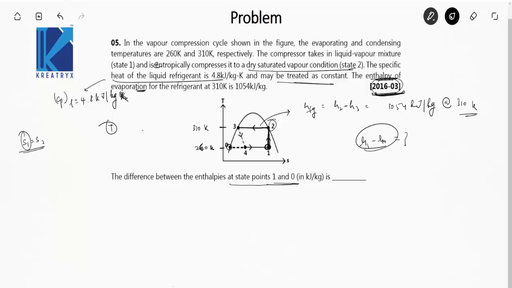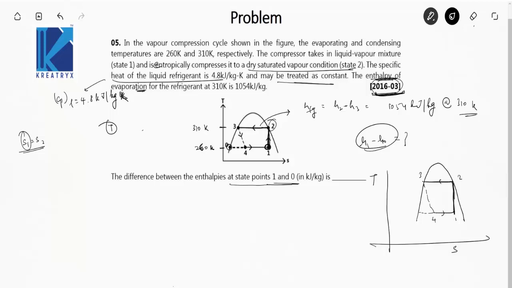Now let me draw this figure more clearly. This is again a vertical line. This is point 1, this is point 2, this is point 3, and this is 4.